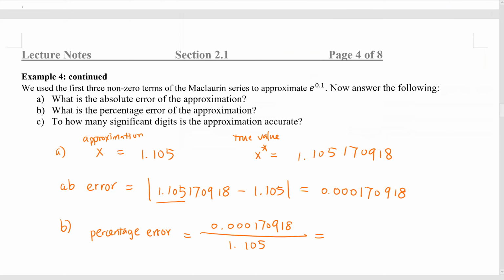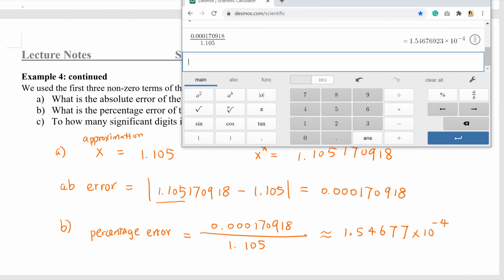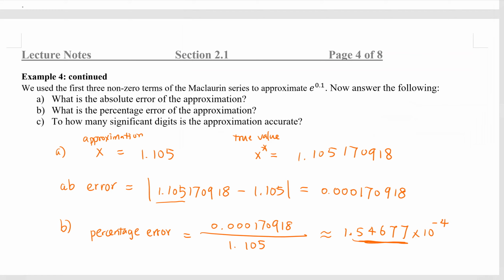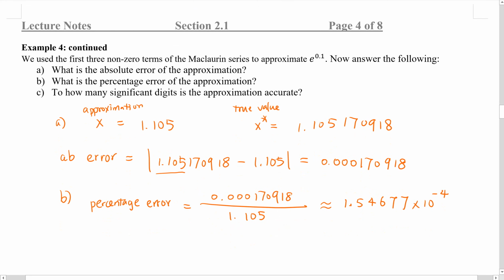So approximately 1.54677 times 10 to the minus 4, right? Let's check it again. Yes, 10 to the minus 4. So far, so good, everybody? Yes. I would say usually if you have your answer in 5 decimal places, then that's good. And this is the percentage error.